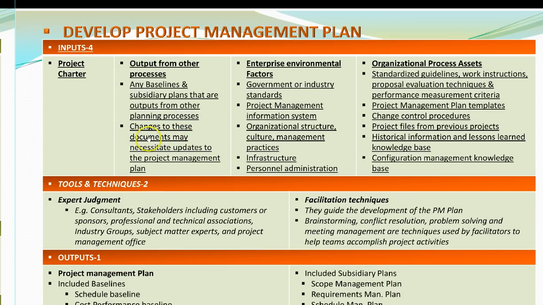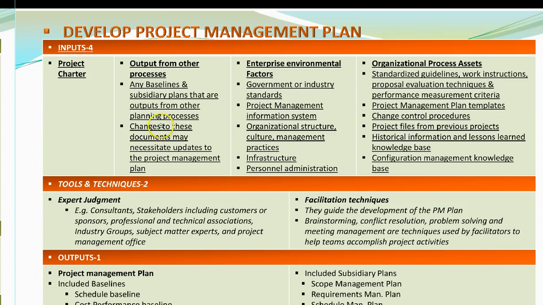You have to know with examples what are enterprise environmental factors and what are organizational process assets. Don't confuse these two, because they are the inputs to a lot of different processes that we have. Mainly the factors cannot be changed, and the assets are always updated and modified with respect to the project.